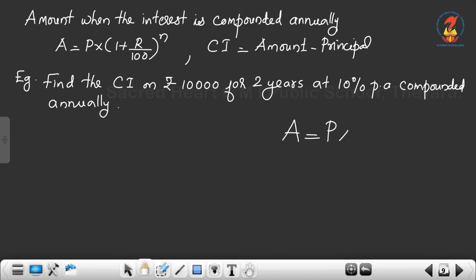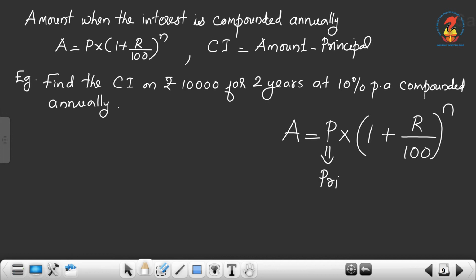Amount equal to P into 1 plus R by 100 all raised to n. A stands for amount, P means the principal, R means the rate of interest, and n is the number of years.